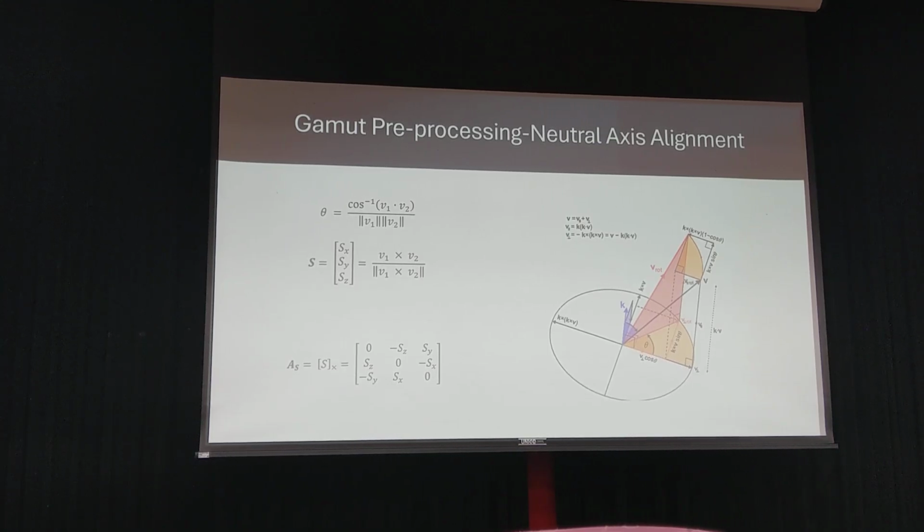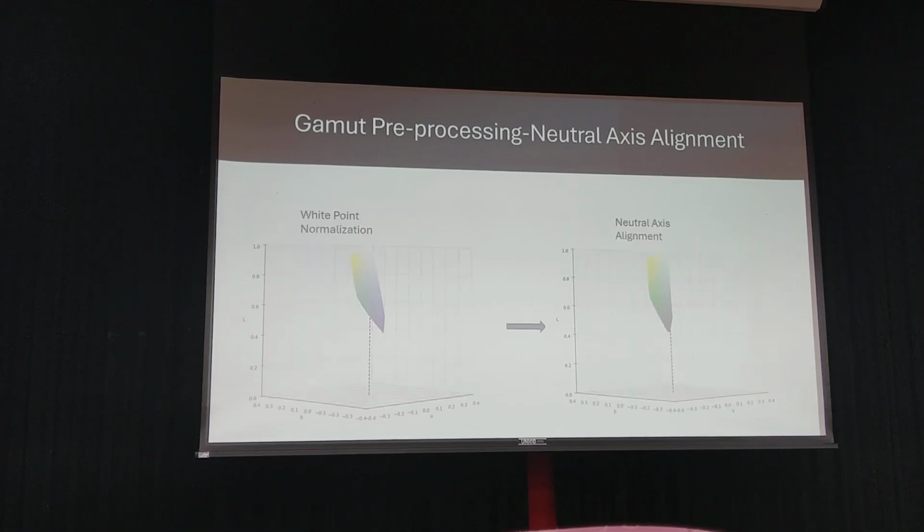This technique ensures that the e-paper no longer exhibits color tints when displaying gray and black, establishing a correct grayscale foundation for high quality color reproduction. And this is the result.